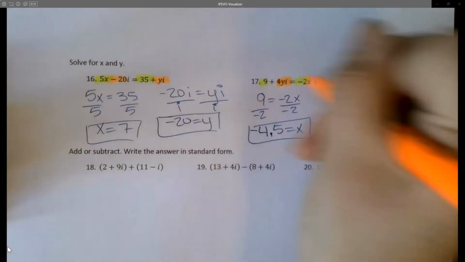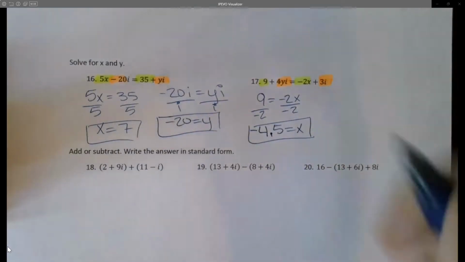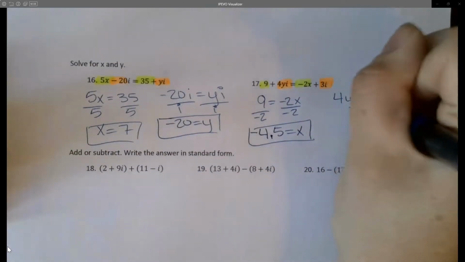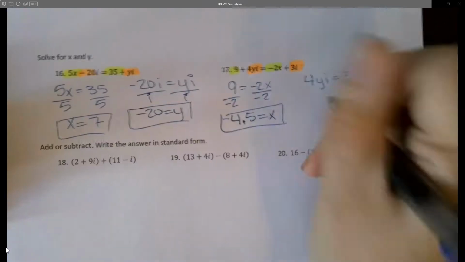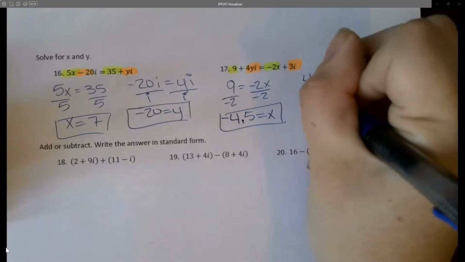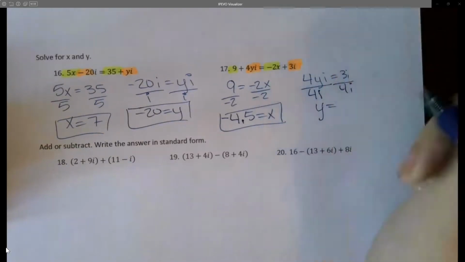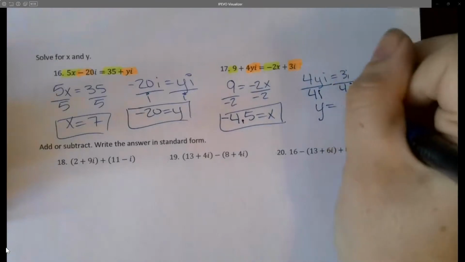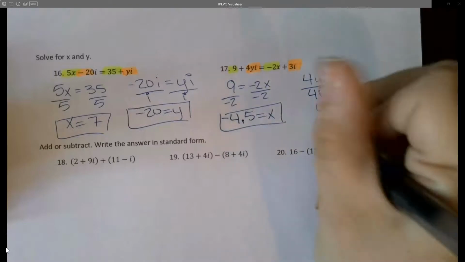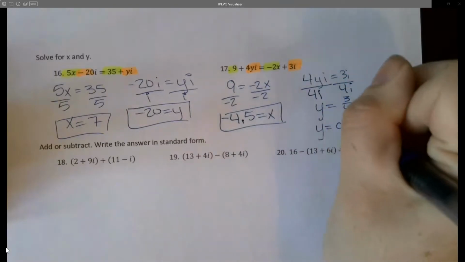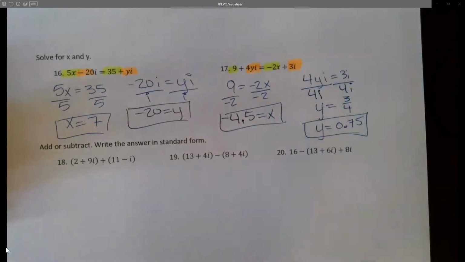I have 4yi equals 3i. I want to get that y alone, so I'm going to divide both sides by 4i, which gets me y equals, the i's cancel out, 3/4. I can turn that into a nice decimal as well. That is going to give me 0.75. Either the 3/4 or the 0.75 would be fine.